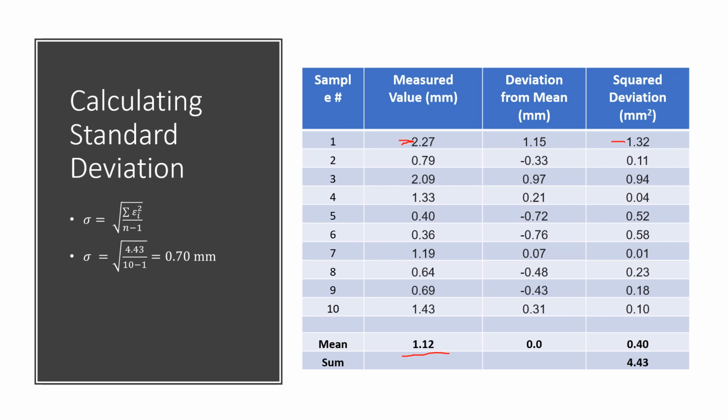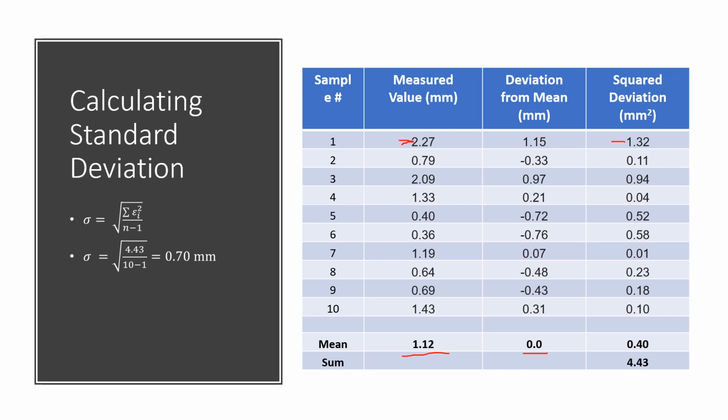In this case, you can see if you take the sum of the deviations, you end up with 0, which is what I was telling you before, why that might not be a good measure of the typical deviation.